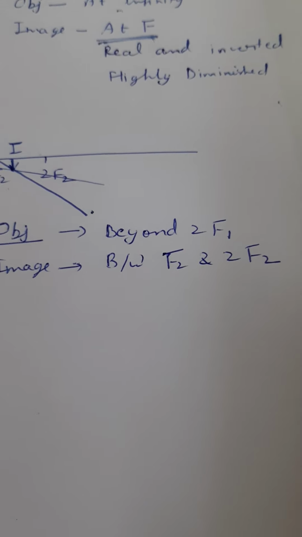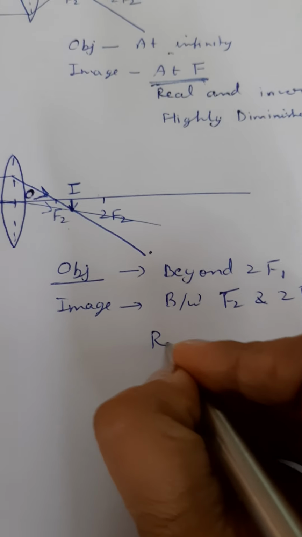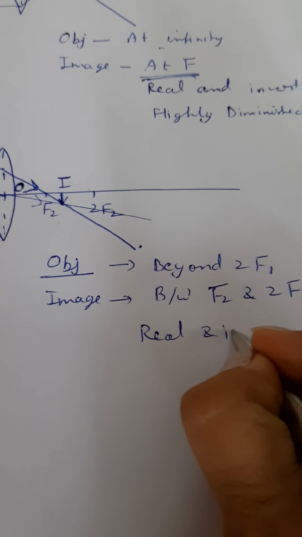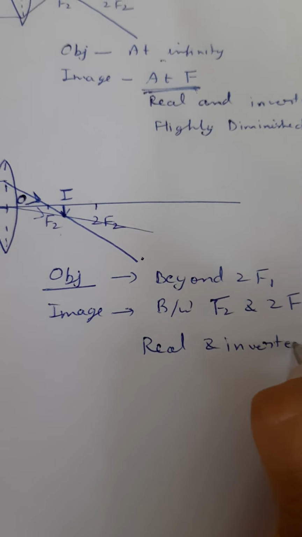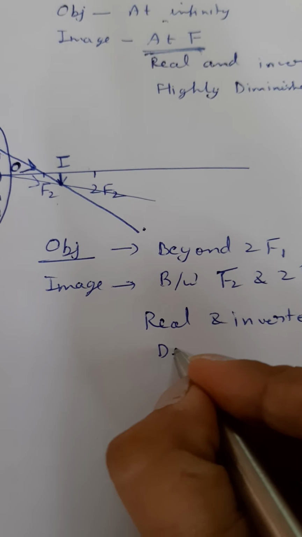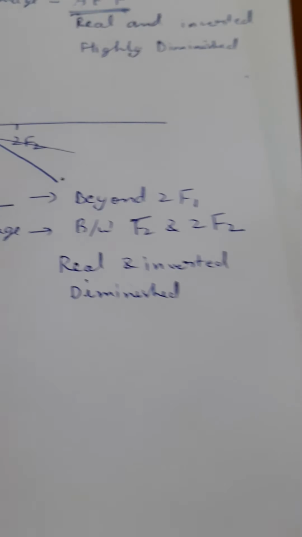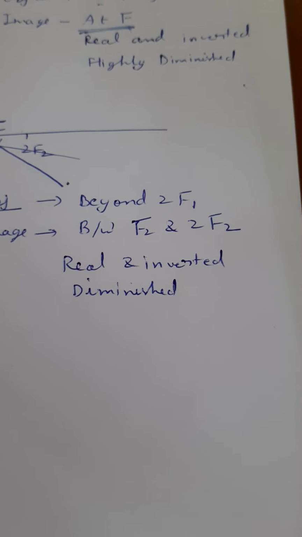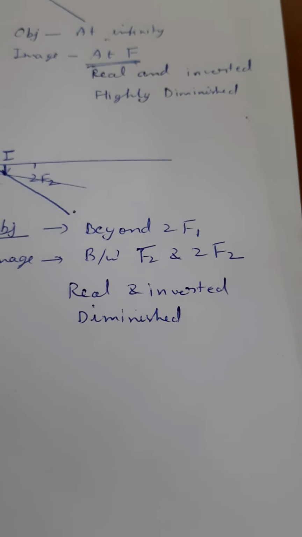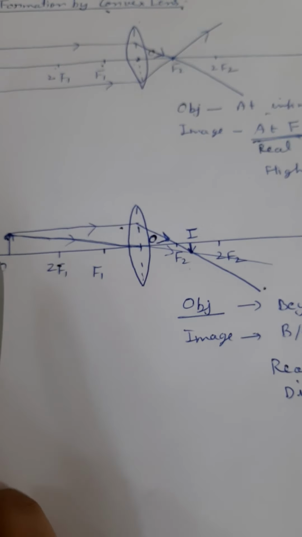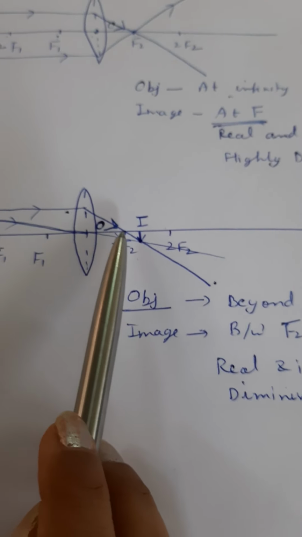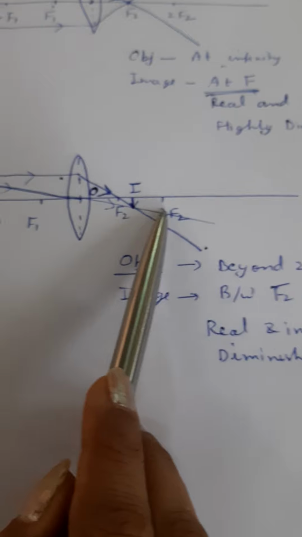What kind of image? Rays are meeting in real, so the image will be real and inverted. And one more property, that is diminished, smaller in size. These are the properties of the image. If the object is kept beyond 2F1, the image will be between F2 and 2F2.